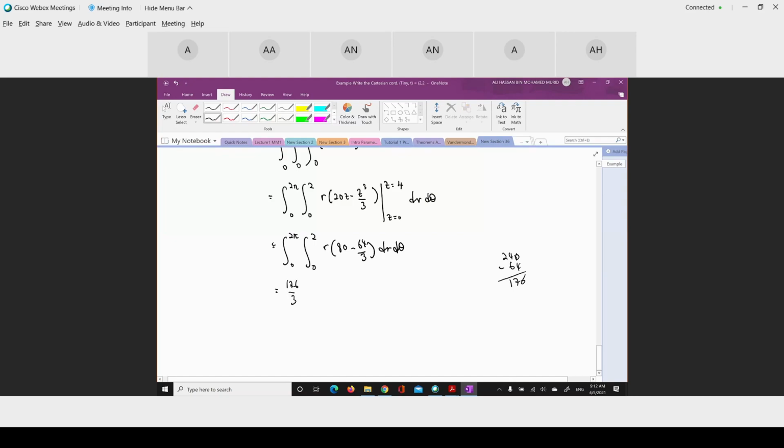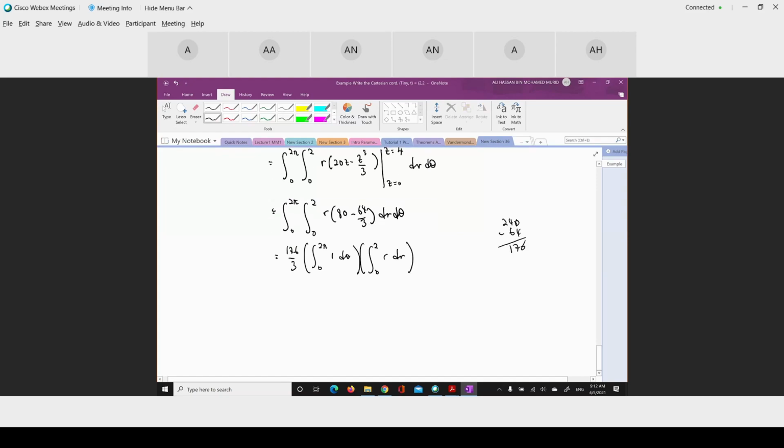And then again, we have this integral. The integrand is independent of theta, so we can write this as a product of two integrals, the r dr and the d theta.